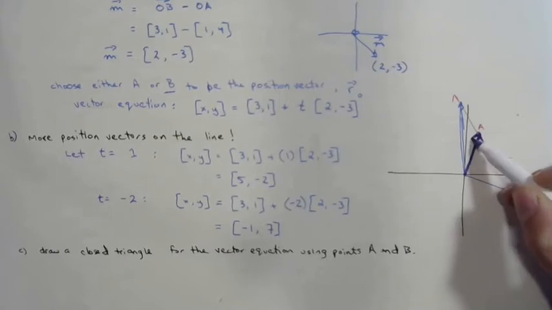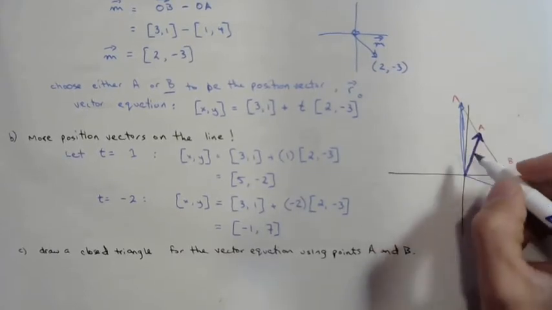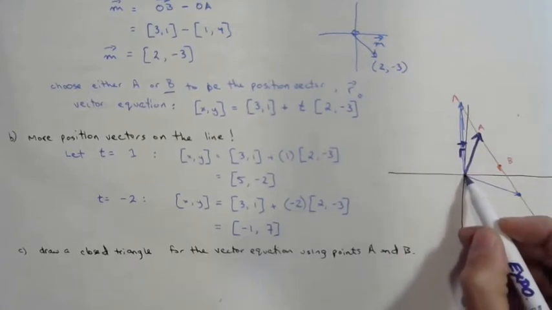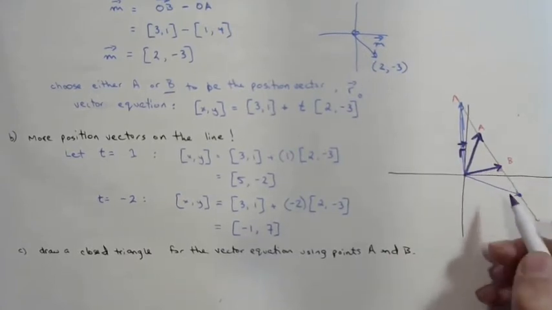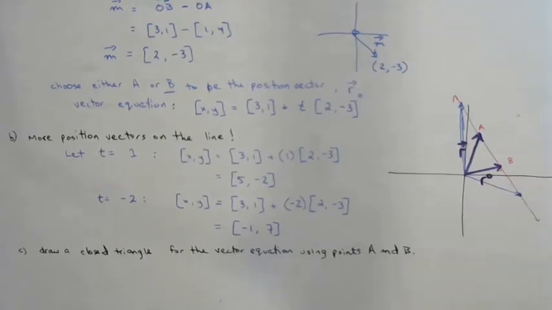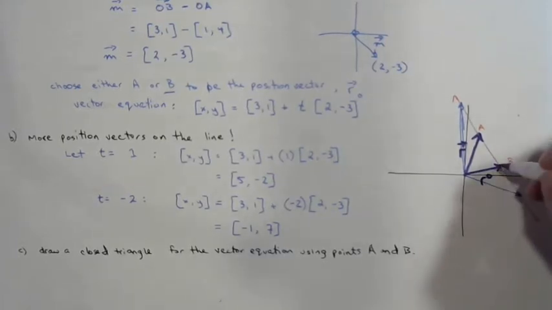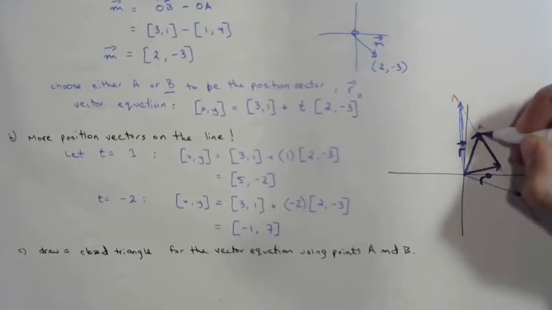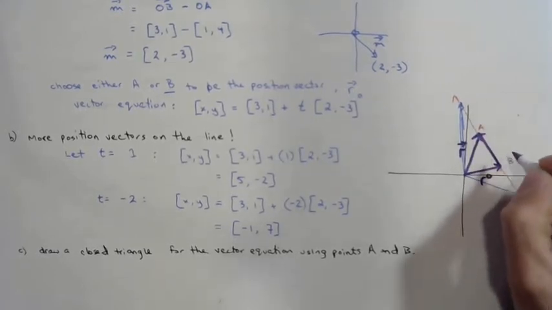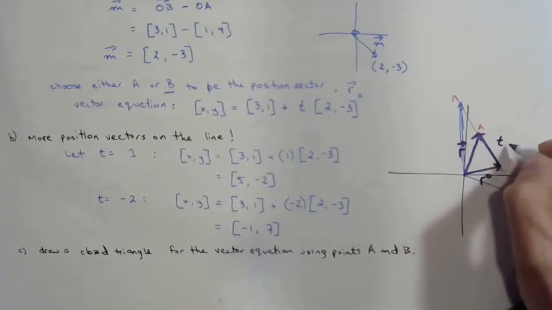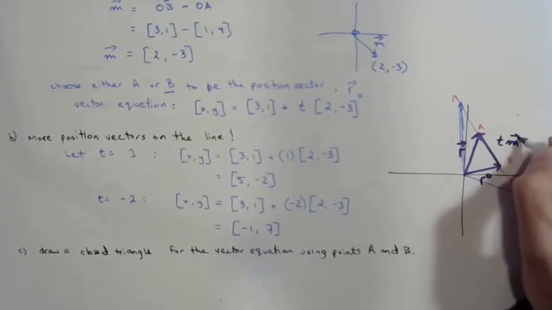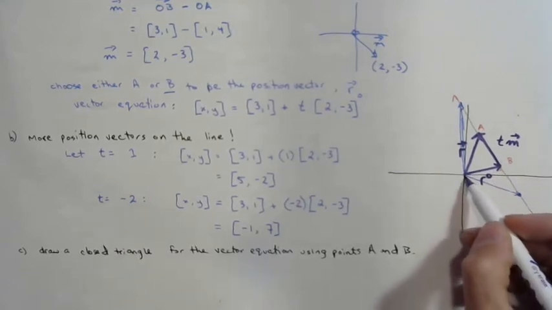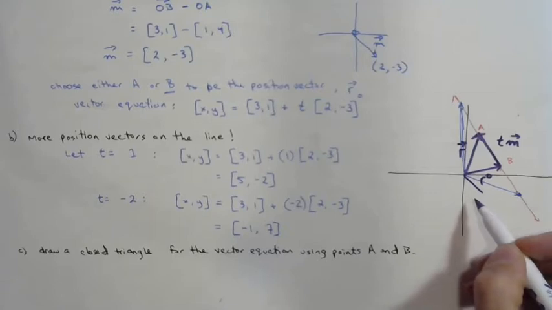Okay, that is going to be my unknown R. Then I have R naught, and we have from the point B to A. And that is our scalar multiple of our direction vector, which is represented right here.